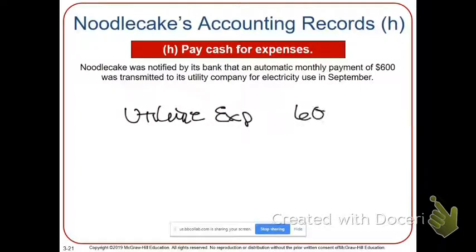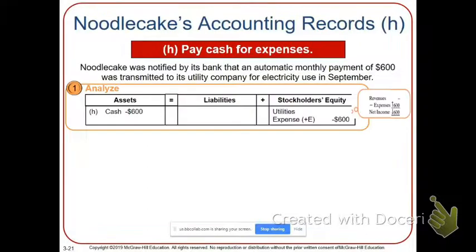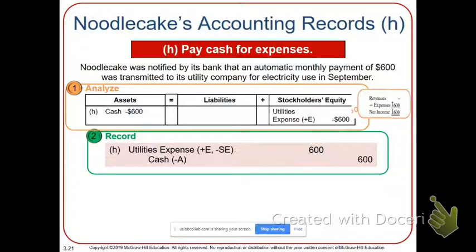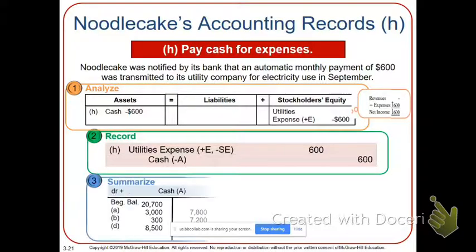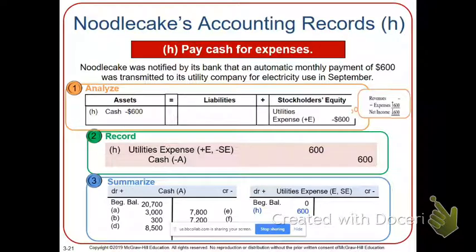So utility expense, and then what would be your credit? Cash, yep. Because it's an automatic payment that's coming out of your bank. Utility expense and cash. All right, that was the last one.